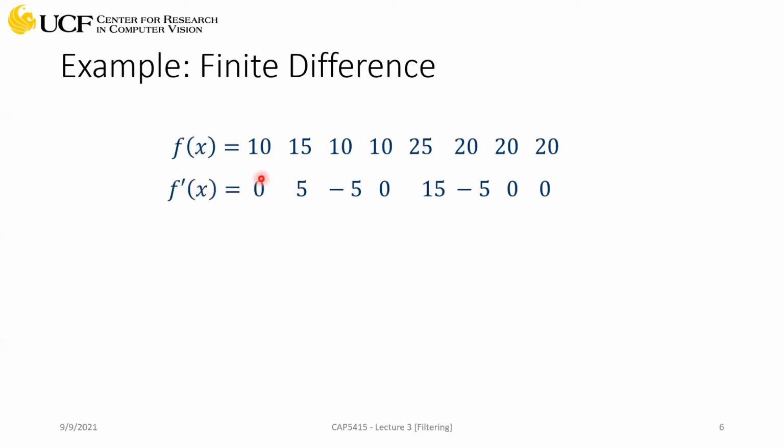At this location, you can just ignore it because it's a corner case. Because we don't have any value previous to this, we just write 0. So don't worry about this corner case. Now, if you move to this location, you subtract from the previous one, you get 5. You consider this location, you will get -5.